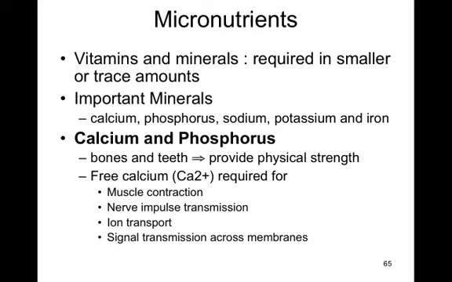Calcium and phosphorus. Now calcium, as you would all know, is used to build strong bones and tissues. Some of the latest research actually shows that calcium needs phosphorus to maximize its bone strengthening benefits, and taking a lot of calcium supplements without enough phosphorus could be a waste of time and money.